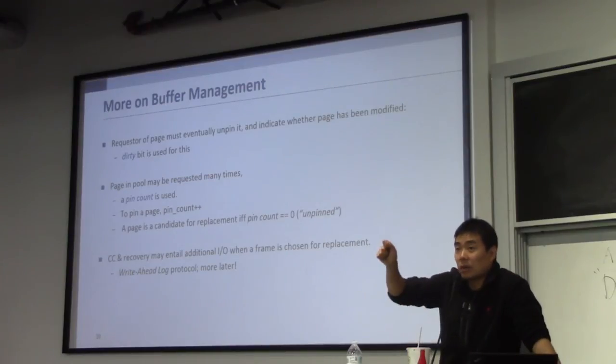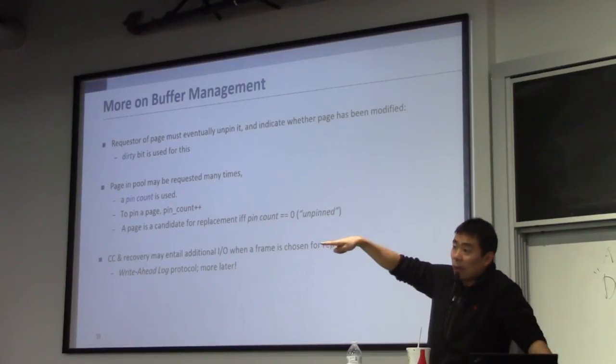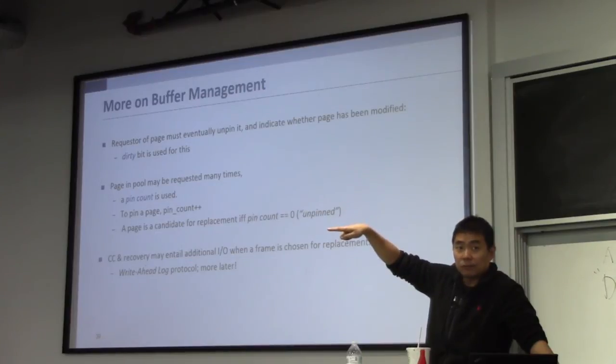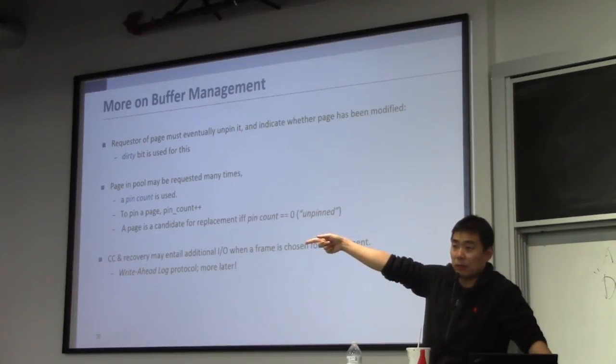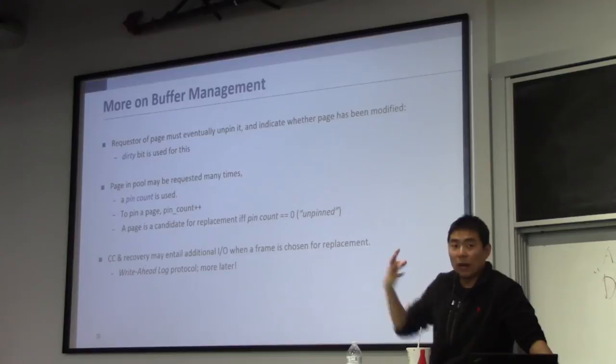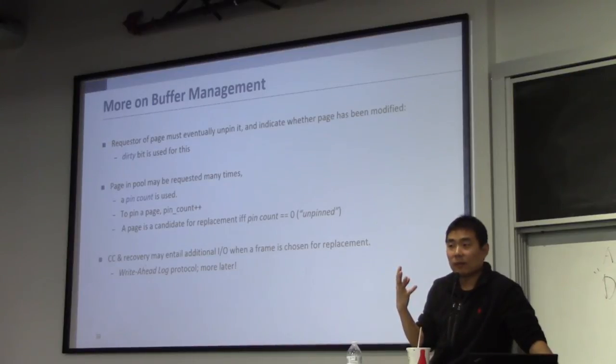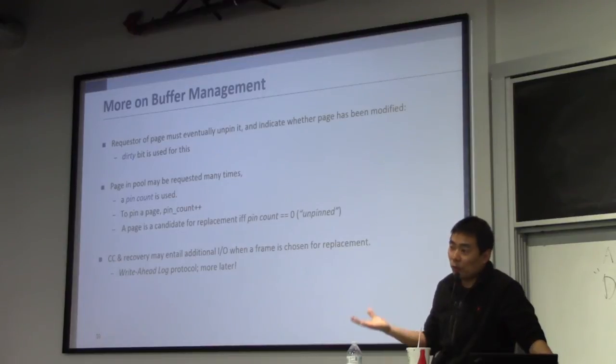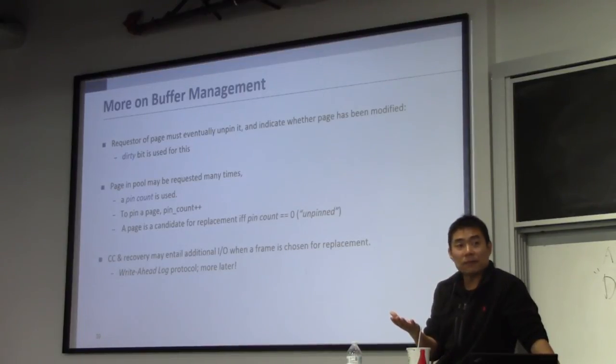There is a challenge though. The challenge is when you pin a page, it's not in the buffer. So the buffer manager goes and fetches that page for you from disk. It comes back, and what happens? There's no space, no frame available to hold that page.